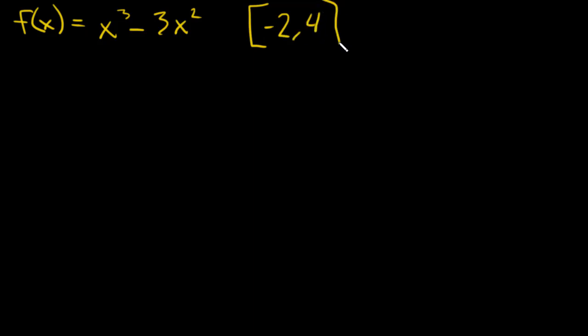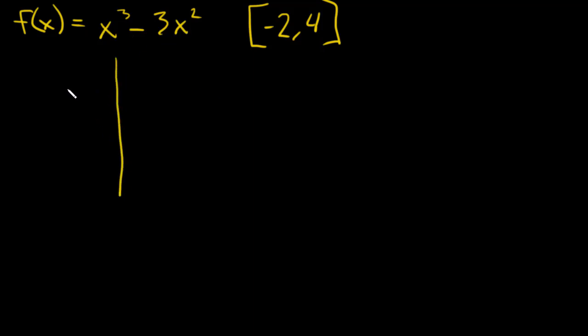Let's say I have f of x is equal to x cubed minus 3x squared, and I'm looking at the interval -2 to 4. Okay, so I've got, now that's the same function that we had before.